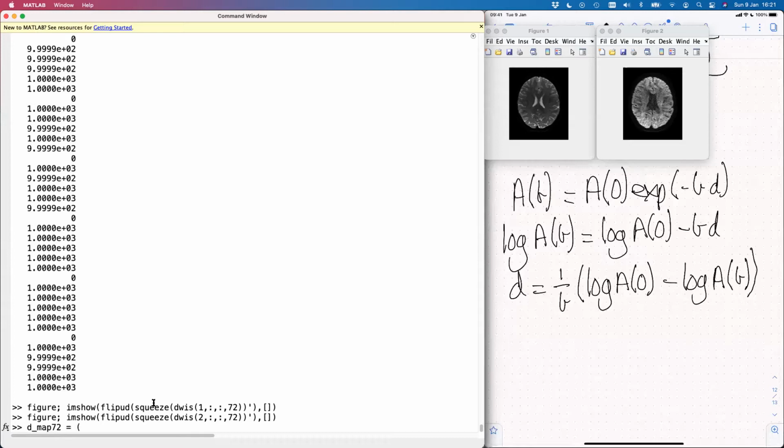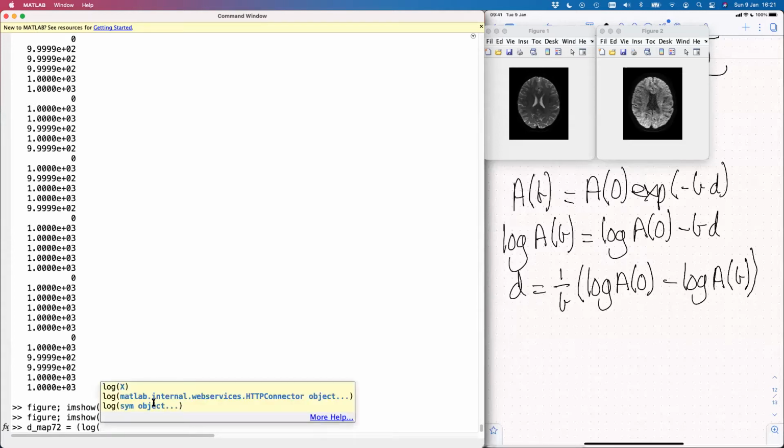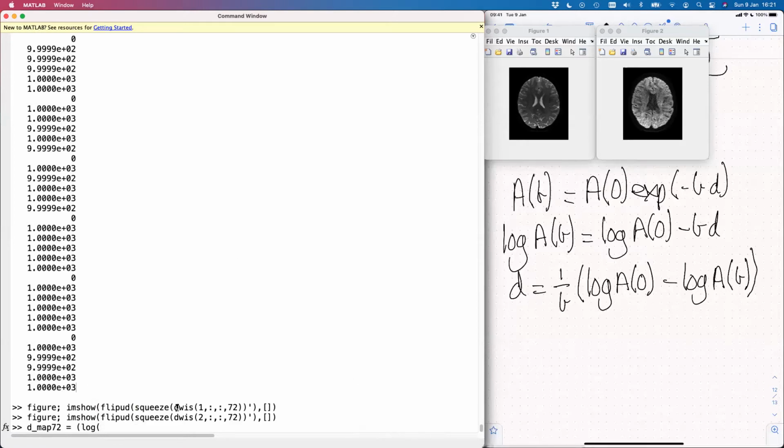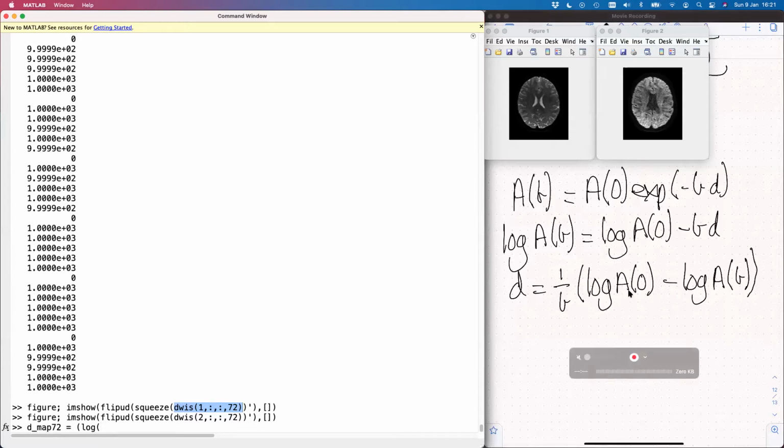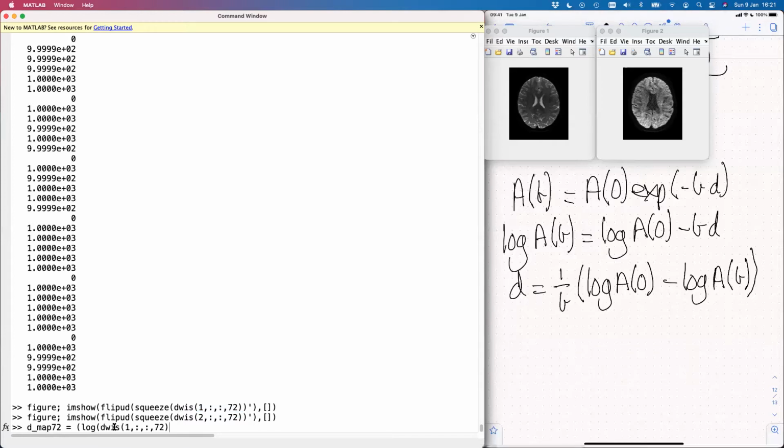If we just take the log of this slice of the first image, so this is the A0 here, B value set to 0, we'll take the log of that slice minus the log of the slice with the B value at 1000. That's this one here.